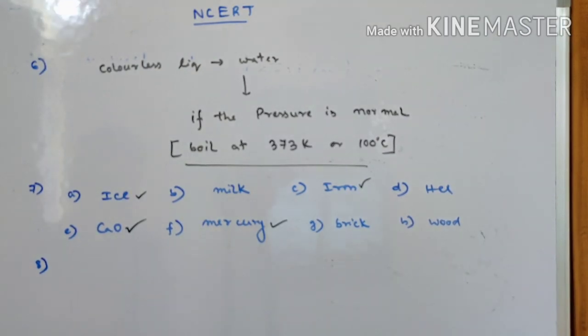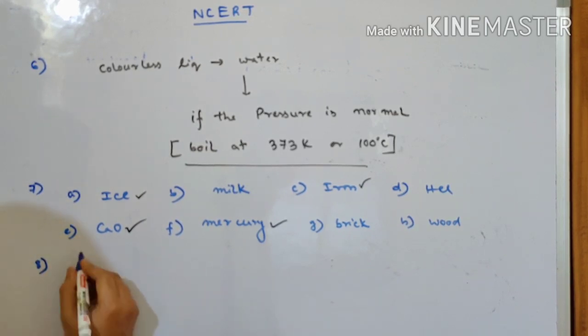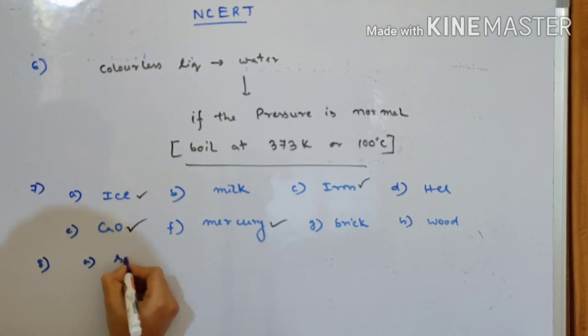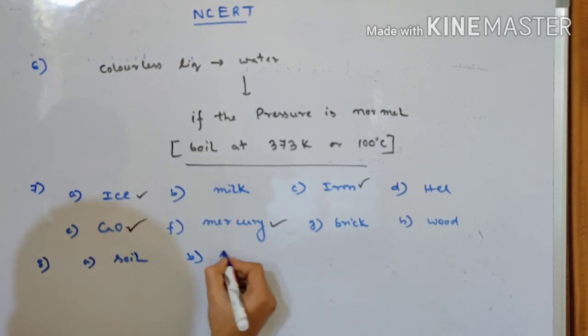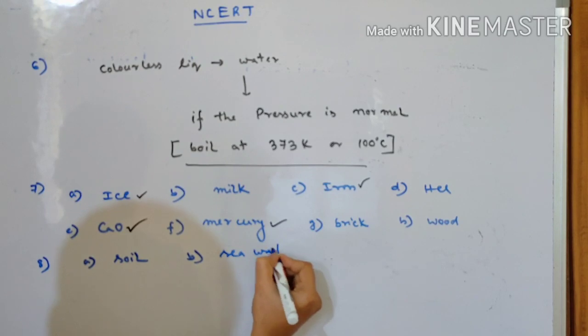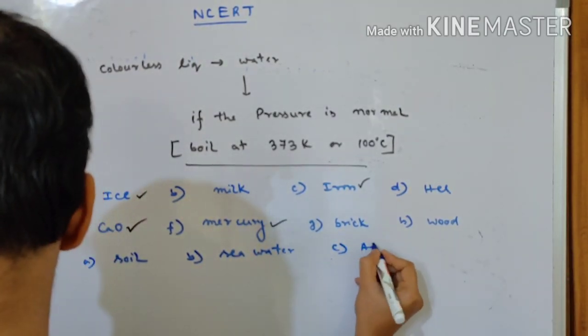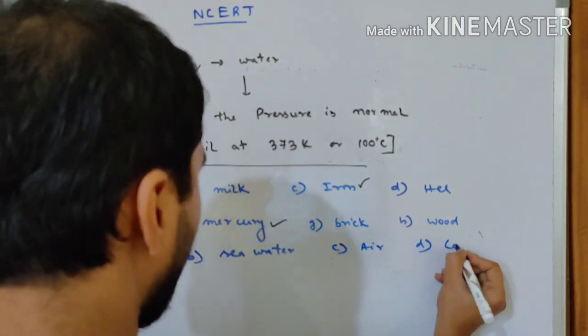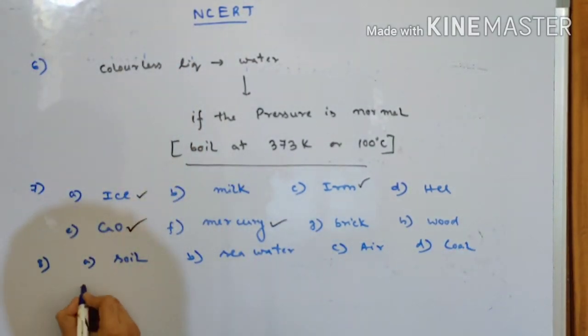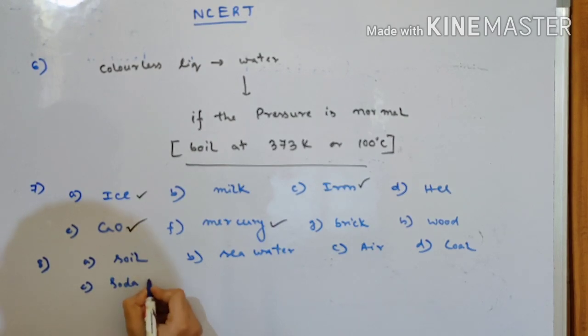In question number 8, the question is: identify the solutions among the following mixtures. Some of them are given, I am rewriting. We have to identify which of these are solutions. So A is soil, B is sea water, C is air, D is coal, E is soda water.